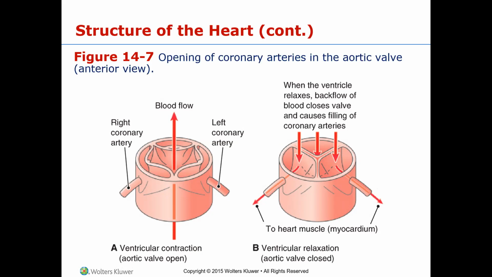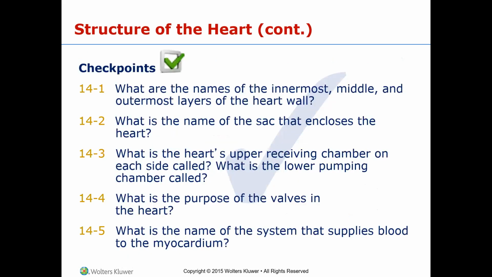And when the valves are closed, the blood can't backflow into those coronary arteries and veins. So some of the things we need to recap here: the names of the innermost, middle, and outermost layers of the heart wall. That would be the epicardium, the myocardium, and the endocardium. And the name of the sac that encloses the heart is the pericardium.